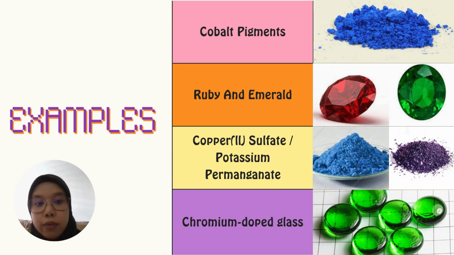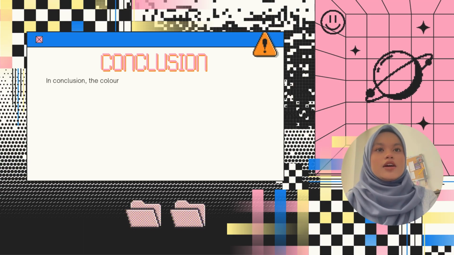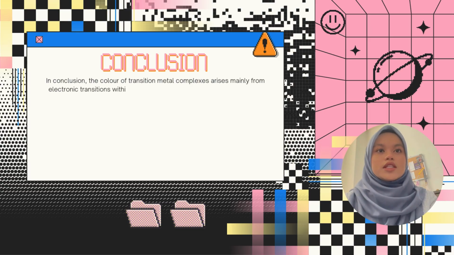And for the last one, for colored glass, I take the example of chromium-doped glass, which gives a green color. This happens because transition metal ions in glass absorb selected wavelengths of light, producing permanent colors.